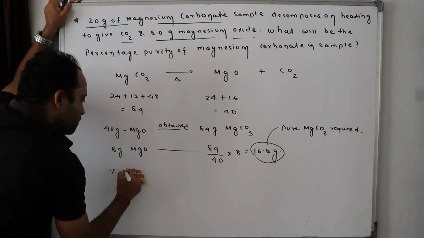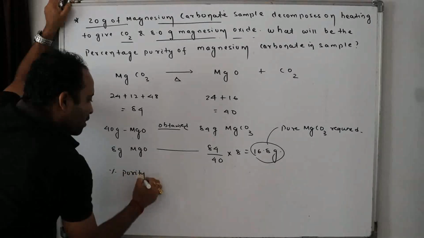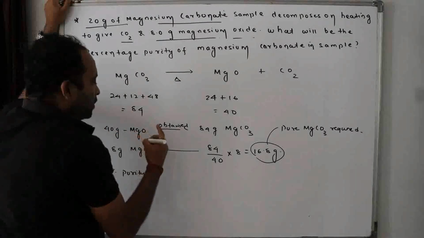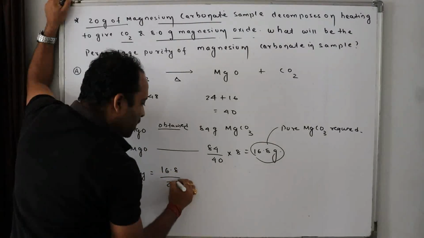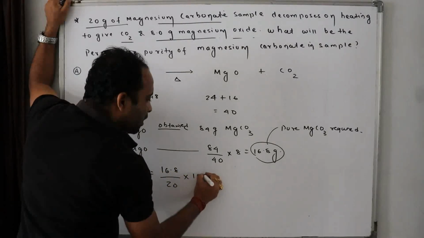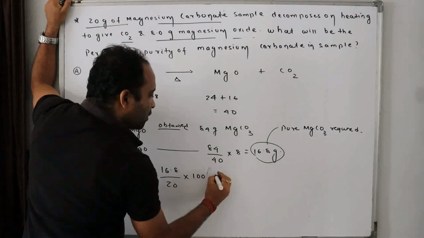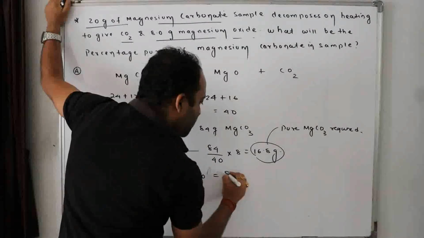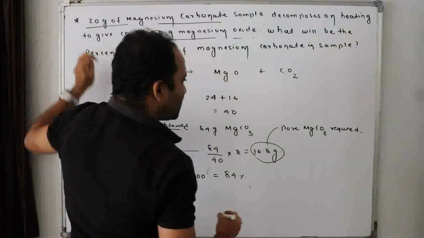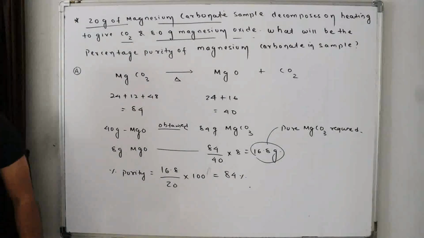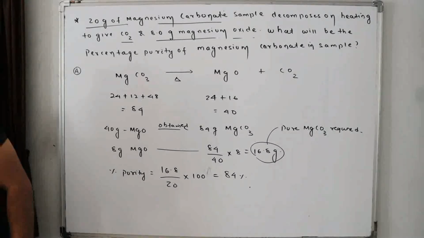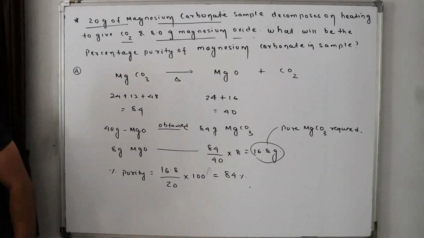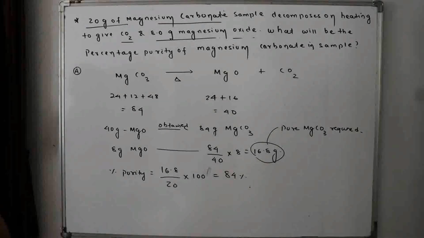So percentage purity is equal to, impure amount is 20, pure amount is how much? 16.8 by 20 into 100. So it comes approximately 84%. Please calculate it. It comes approximately 84%. Easy? Done? Please check the answers and check the calculations even.